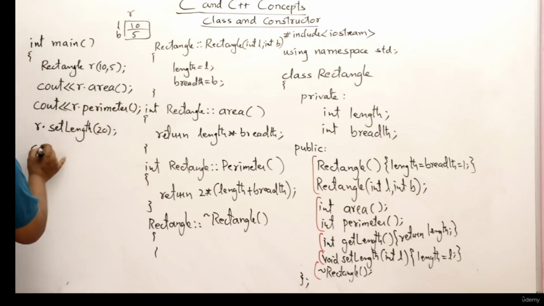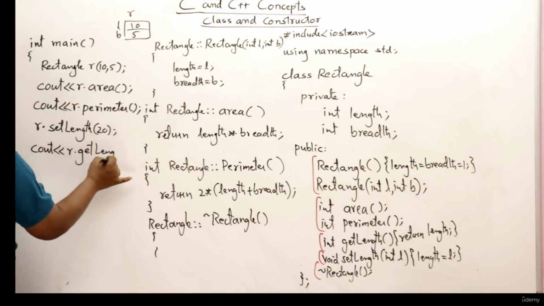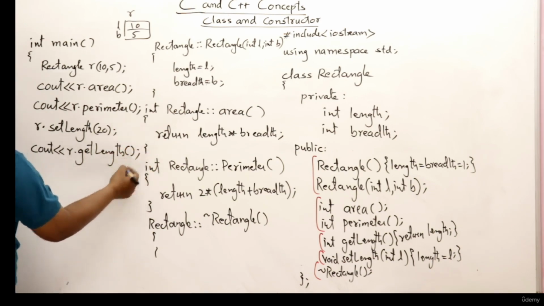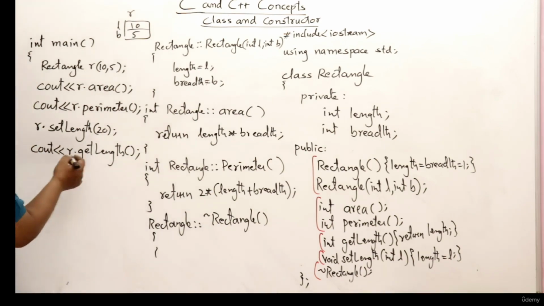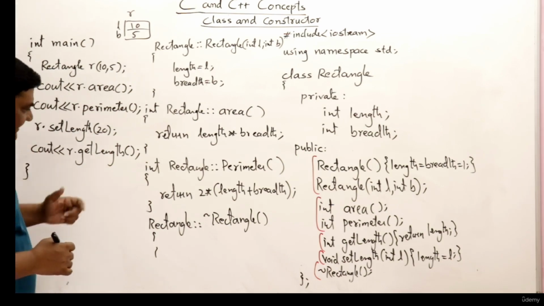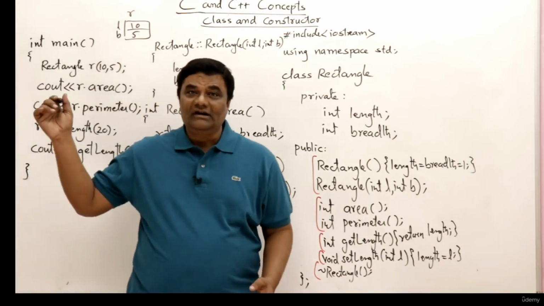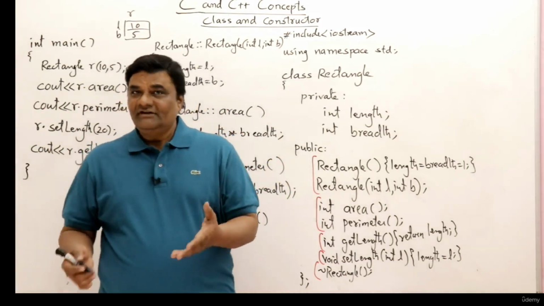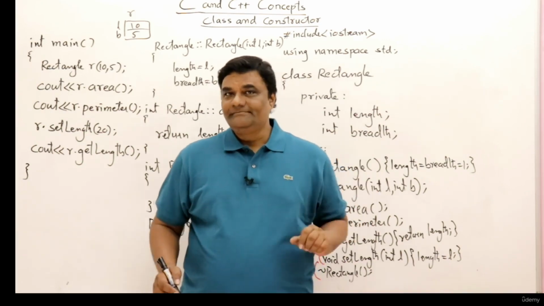Now if I want to display the length, I can say cout r dot get length. The length will be displayed. This function will return the length and cout will display it. So this is the end of the main function. Once the main function ends, this destructor will be automatically called because the object is going outside the scope. The function ends, so the destructor will be called because the object will be destroyed.